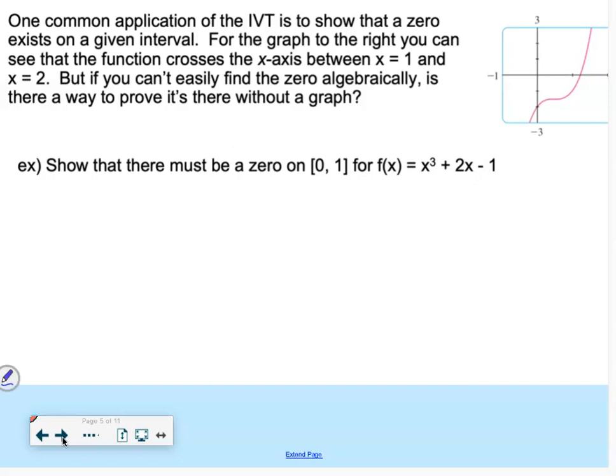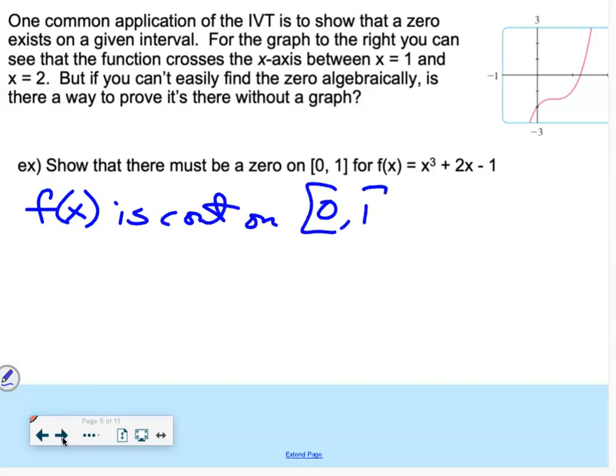All right. So the first thing you have to write: f of x is continuous on [0, 1]. Check. And you don't have to put the check mark. I do. That's my personal thing. I always put it, and I make the sound too when I'm making my check marks.